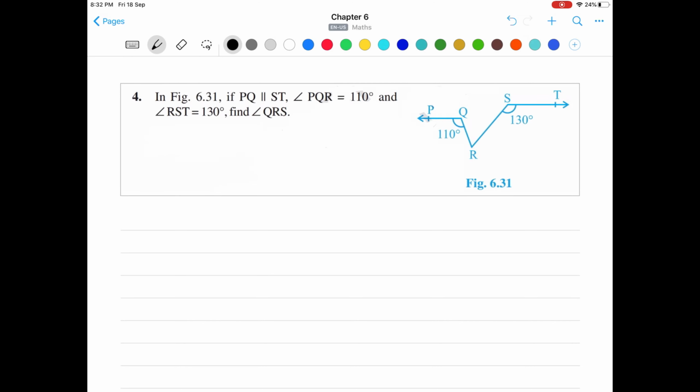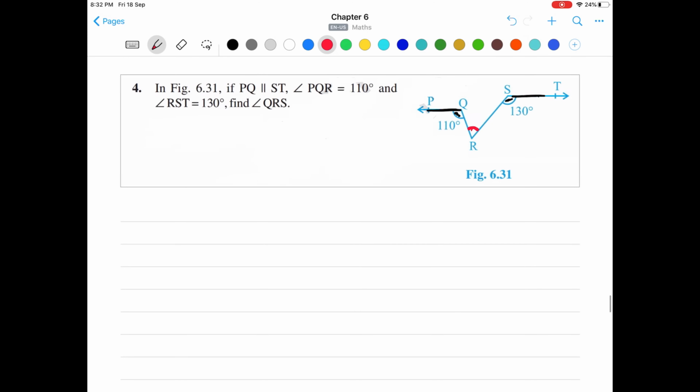Question number 4 is, in figure, this PQ is parallel to ST. Angle PQR, this is 110. Angle RST is 130. We have to find the angle QRS. Okay, so let's start. Answer number 4.